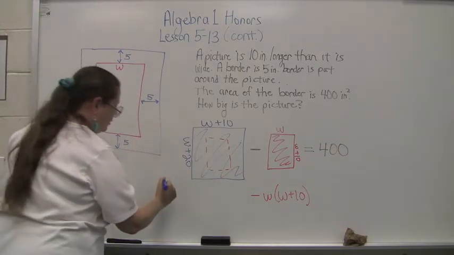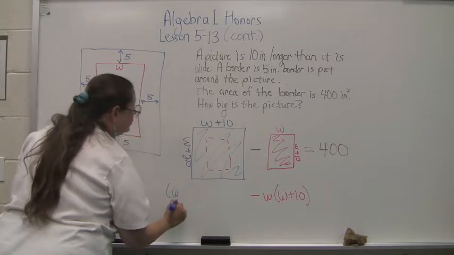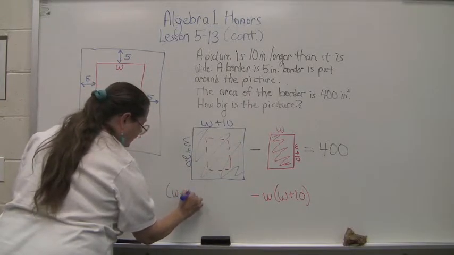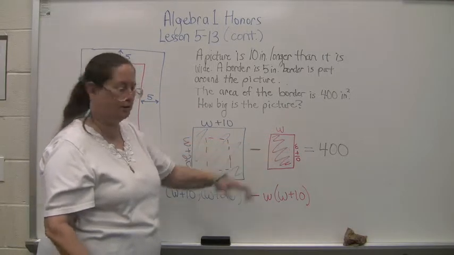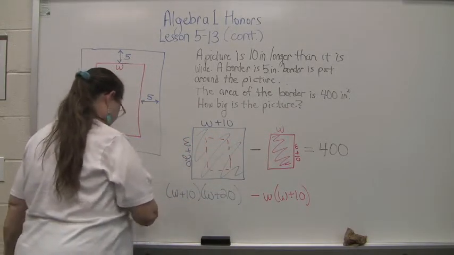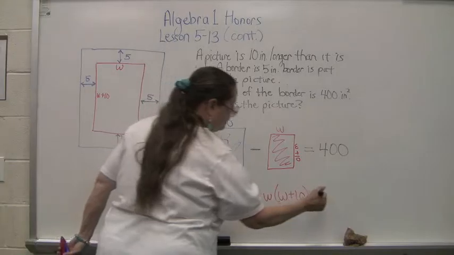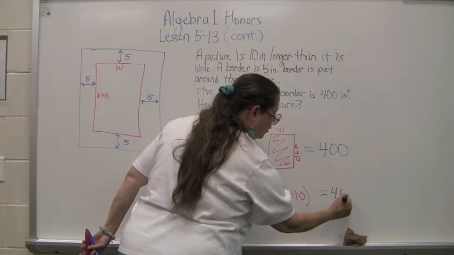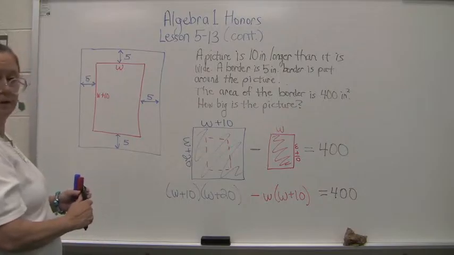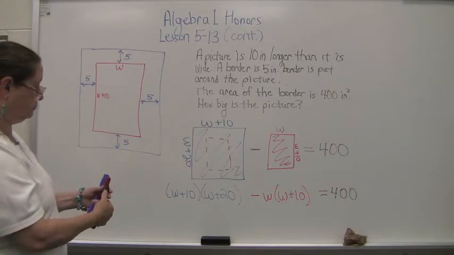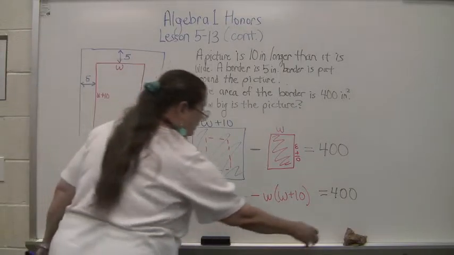So our area is going to be W plus 10 times W plus 20. The area here minus the area here equals 400. Okay? And now we have an equation that we need to do some multiplying and distributing and solve.